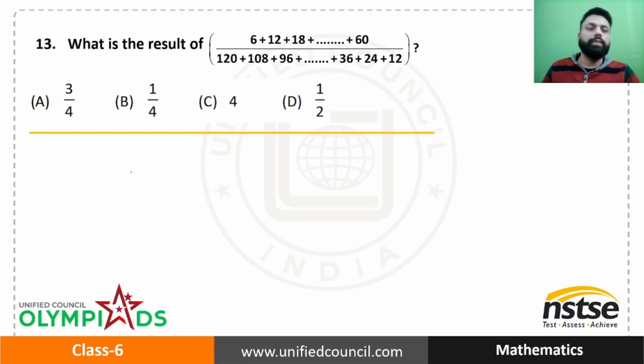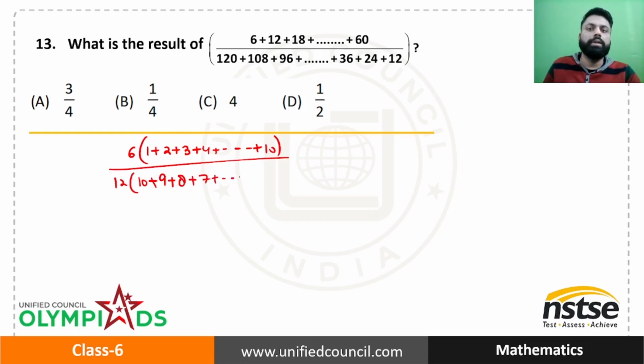What is the result of this? See, in the numerator, if you take 6 common, it will become 1 plus 2 plus 3 plus 4 plus till 10. And in the denominator, if you take 12 common, it will become 10 plus 9 plus 8 plus 7 plus till 1. Eventually, the number in the numerator bracket and the number in the denominator bracket are equal.